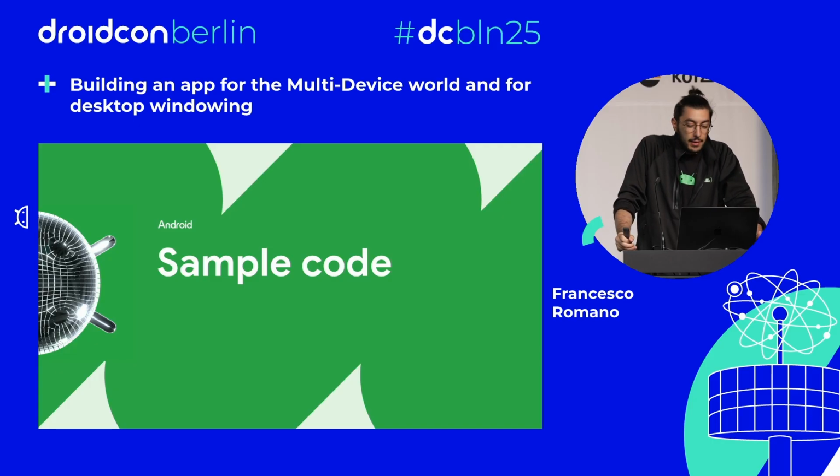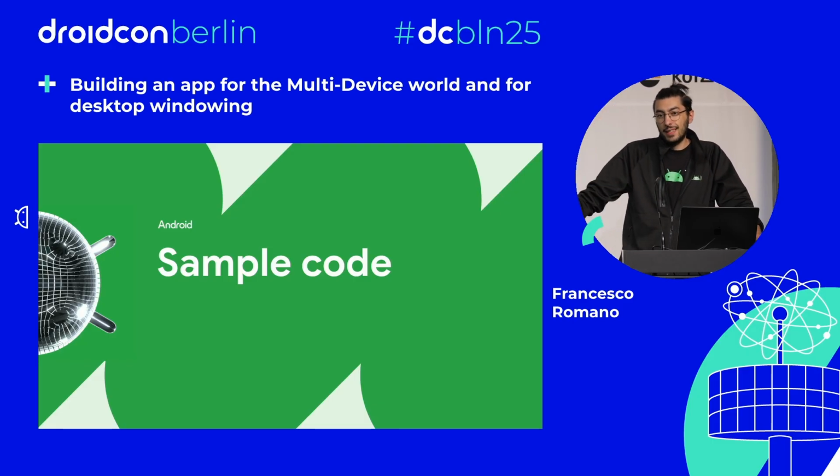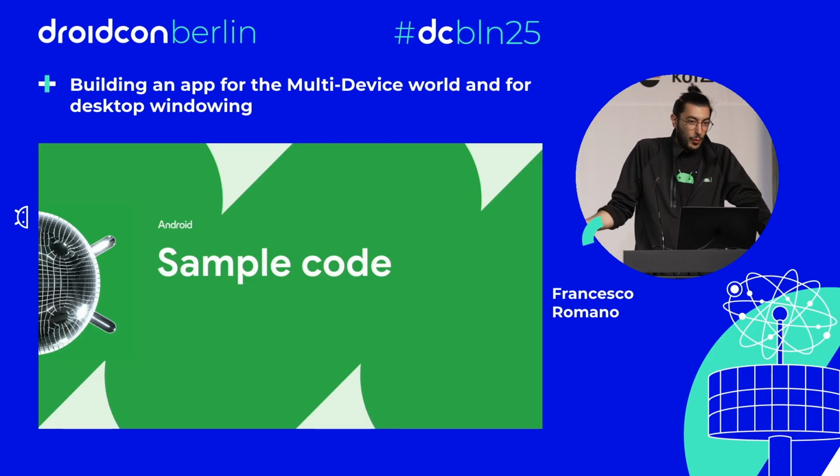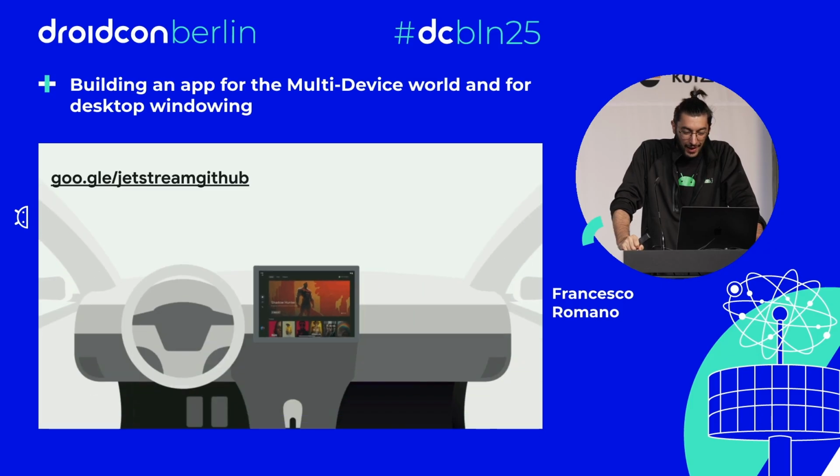Okay, you may be asking, but can I see an app that with a single code base is running across phones, tablets, desktop, cars, TVs, and XR headsets? Of course, the answer is yes. We have an open source one.